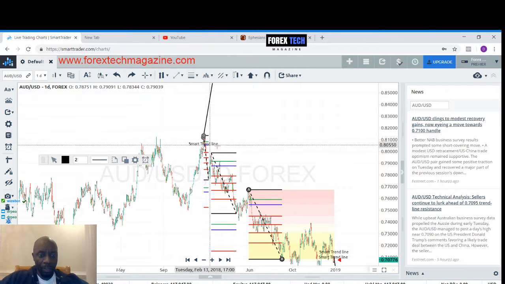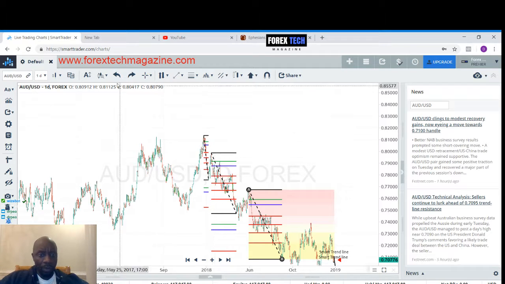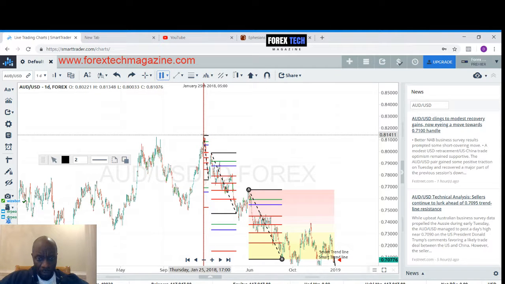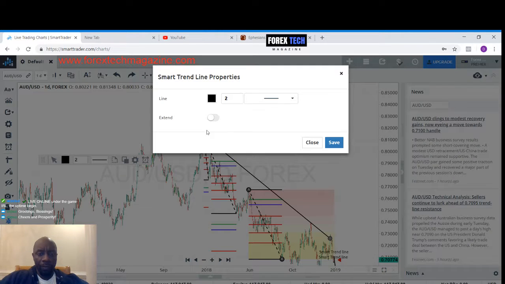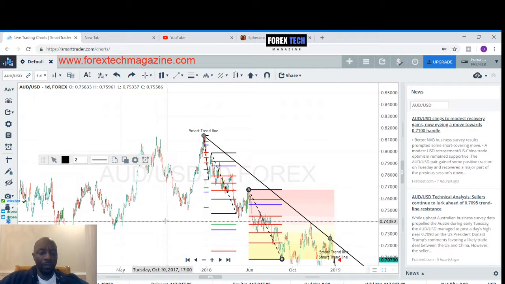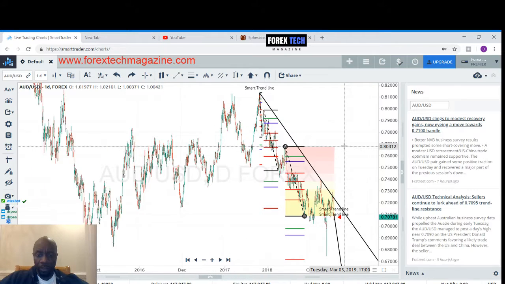But the reason why was because I was looking at the intermediate trend line, right, and not the overall long-term trend line.